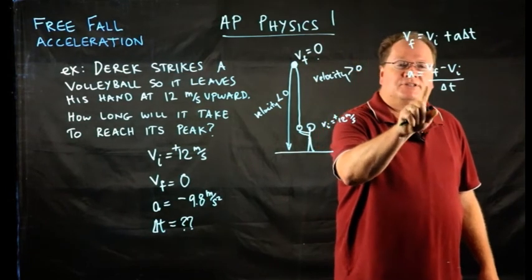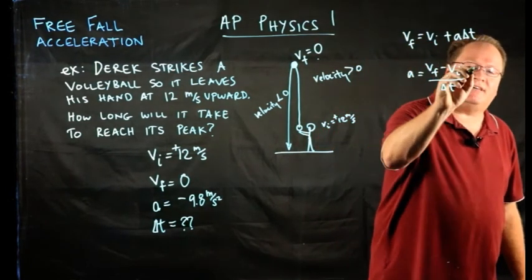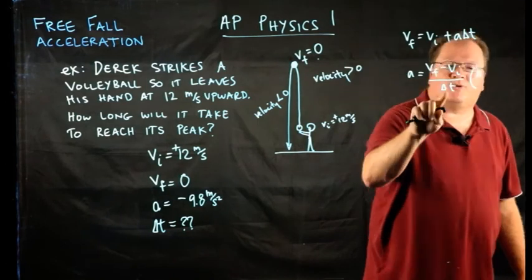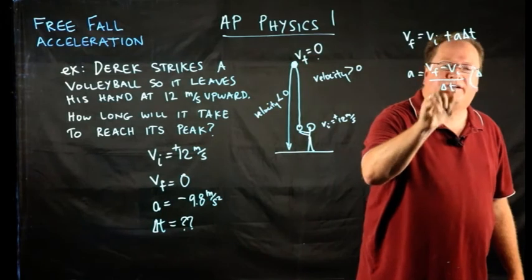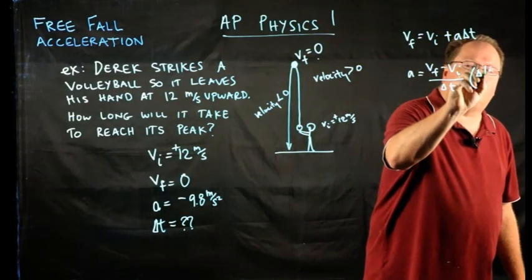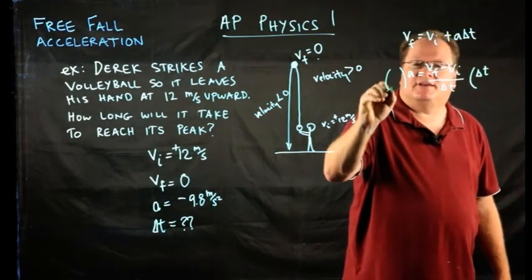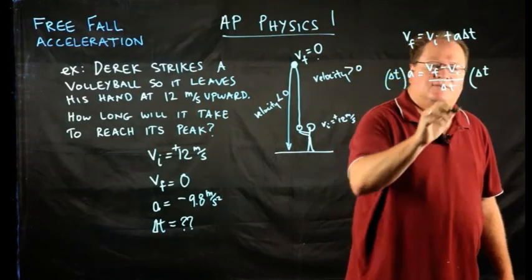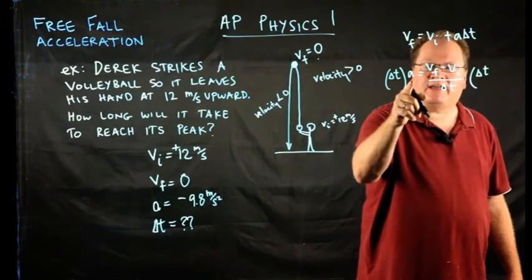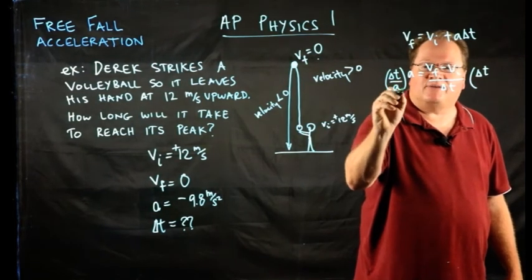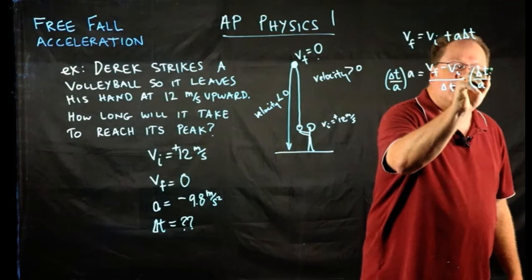All I would do to this one to solve for delta t is, I don't want to solve for 1 over delta t. I need to get delta t out of the denominator. So I would multiply both sides by delta t. But once I get the delta t over here, I need to get rid of a, so I'm also going to divide by a.